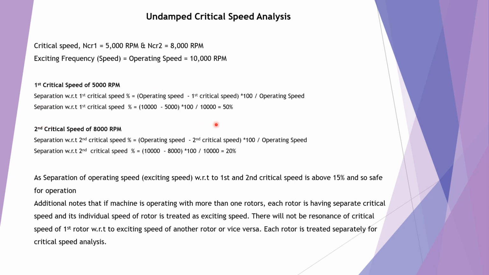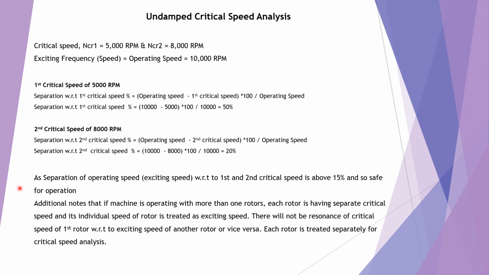So it is 50%. For the first critical speed with respect to design operating speed, the separation or gap is 50%. For the second critical speed, which is 8000 RPM, in the same way we can calculate the separation, and it is 20%.